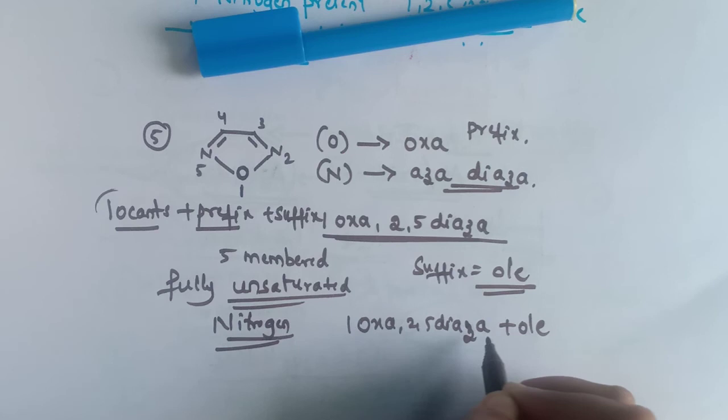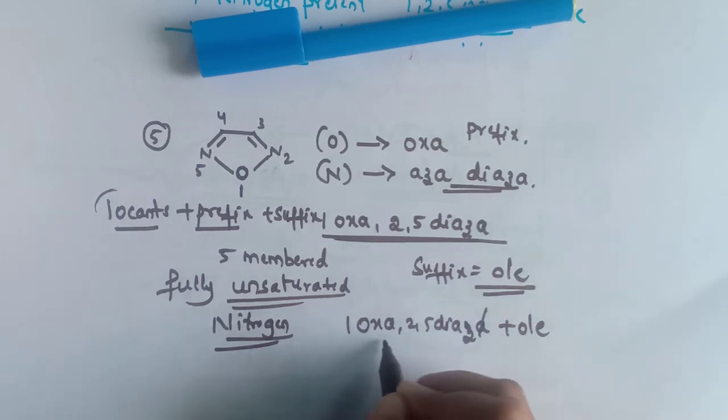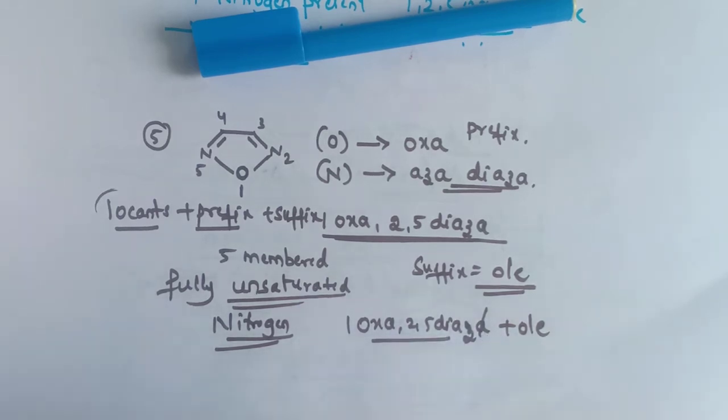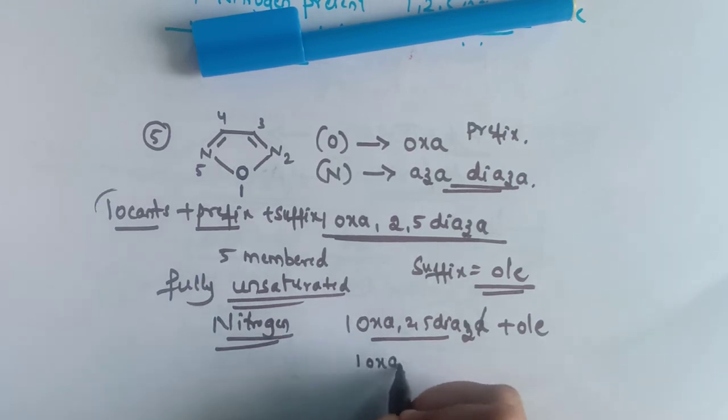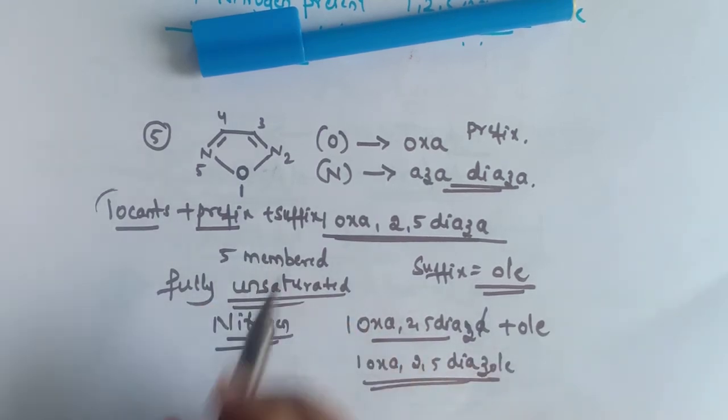These two are vowels, A and O, so we should cancel the last letter of the first part. By naming this, we get 1 oxa, 2, 5 diazole. This is the name of this compound. This is for the 5-membered ring. Now let's study the 6-membered ring.